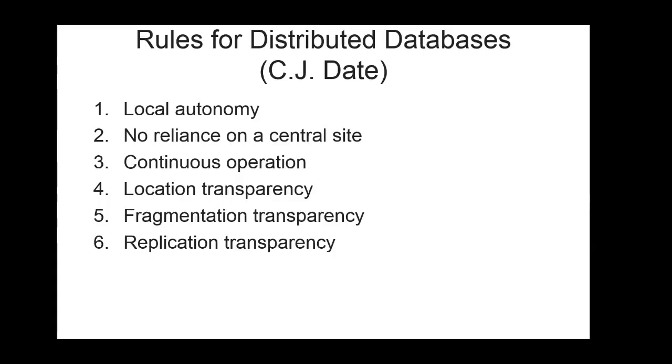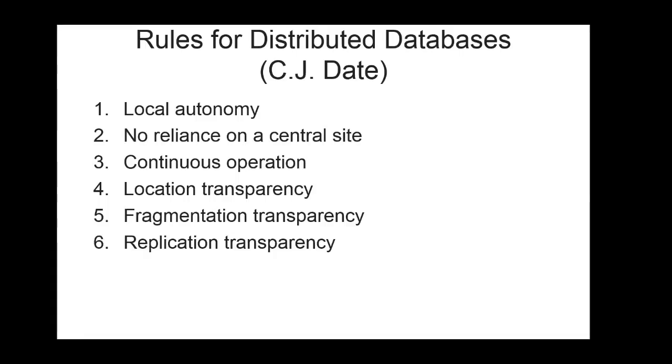The distributed database management system should not rely on a single site to control specific types of operation. Second, continuous operation. Performing functions such as adding sites, changing versions of the database management system, creating backups, and modifying hardware should not require a planned shutdown of the entire distributed database.